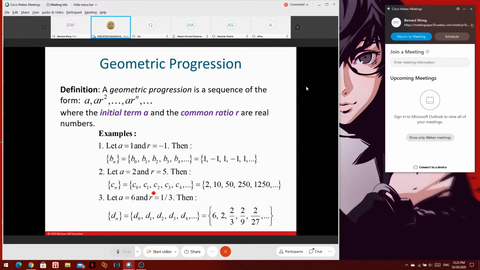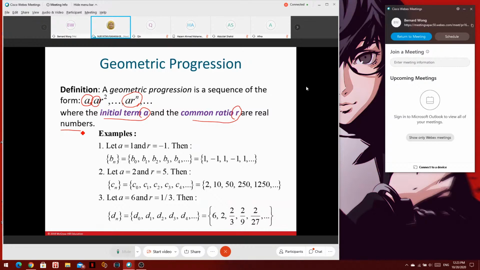Geometric progression. A geometric progression is a sequence of the form a, ar, ar^2, until ar^n, where the initial term a and the common ratio r are real numbers.